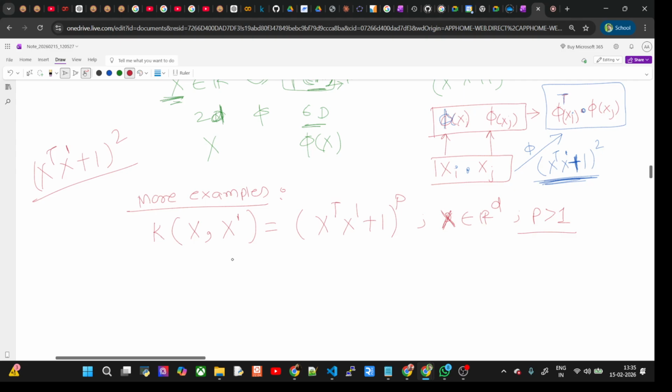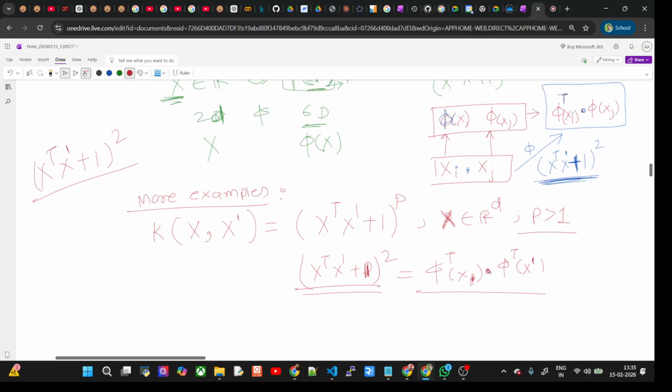And how do you get a valid function? We did it for p equal to 2, when it is (x transpose x prime plus 1) raised to 2. We got phi transpose x into phi of x prime, and we understood that it is a valid function.